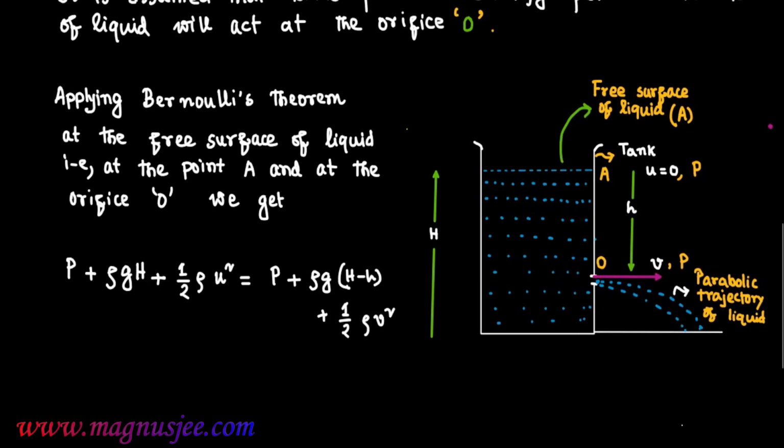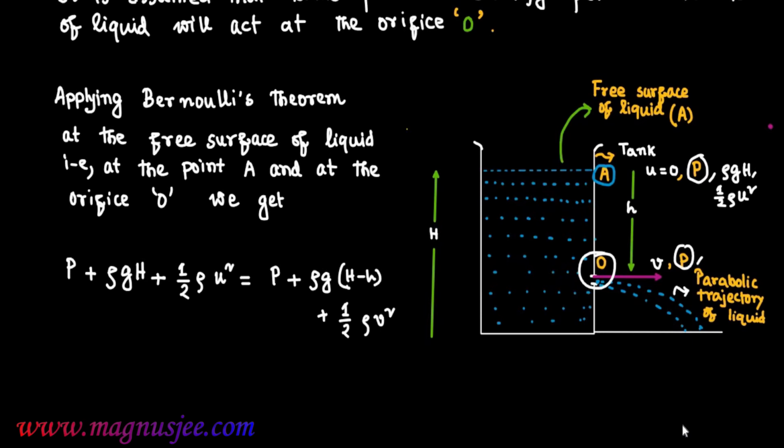The pressure energy, potential energy and kinetic energy per unit volume remain constant. P is the pressure energy per unit volume, rho gH is the potential energy per unit volume, and half rho u square is the kinetic energy per unit volume of liquid at the free surface.